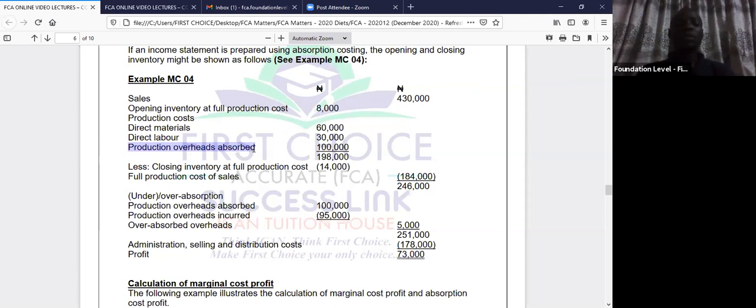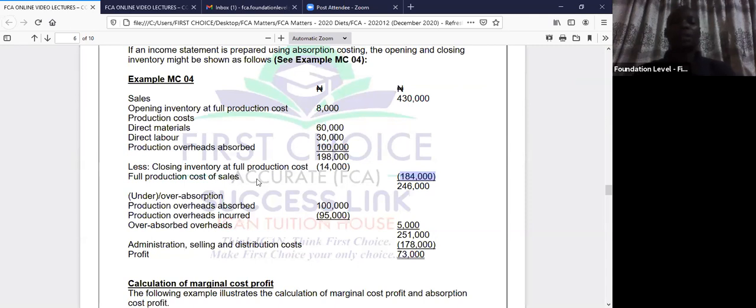We have both fixed costs and variable costs in here. Unlike marginal costing where you separate them and put the marginal first and the fixed down, here you join them together as long as they belong to production. And so what you have is your full production cost of sales. When you less 184 from 430, you have 246, which is your gross profit. I will usually call it absorption gross profit.